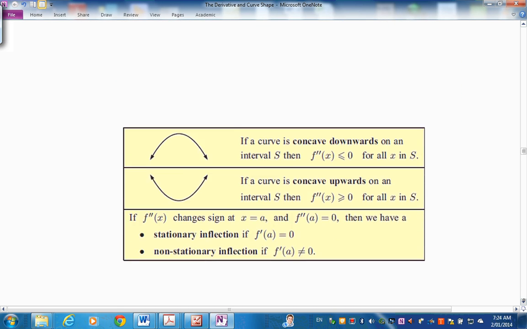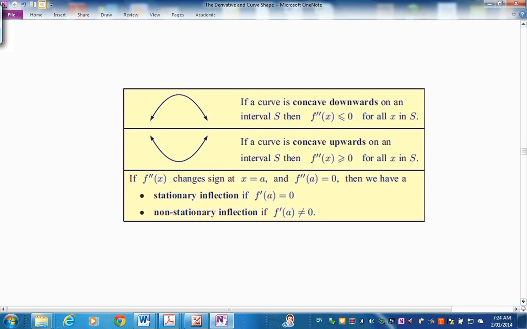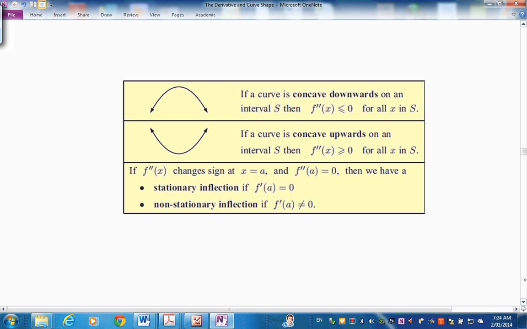Okay, let's keep going and try and build this. You might have to stop and pause the presentation a bit and catch up with that. If a curve is concave downwards on an interval, its second derivative is negative. We've said that. If it's concave upwards, the second derivative is positive. So you have to remember that. I don't know the best way of remembering that.